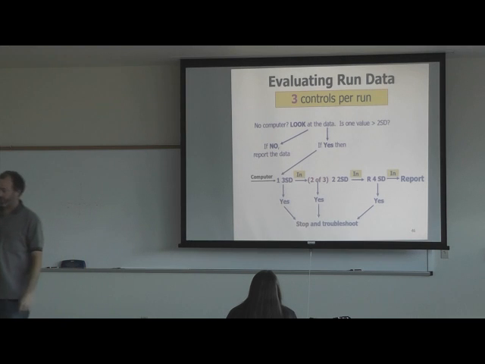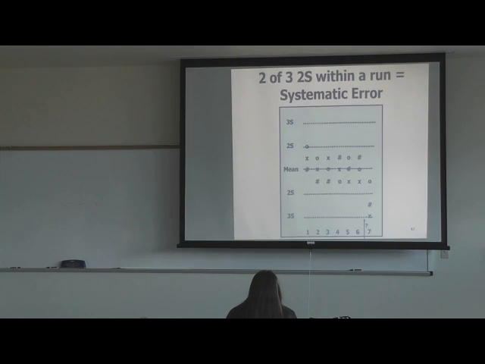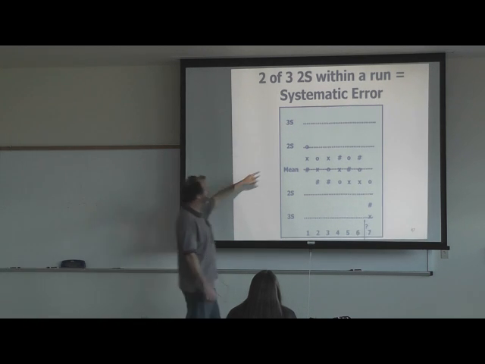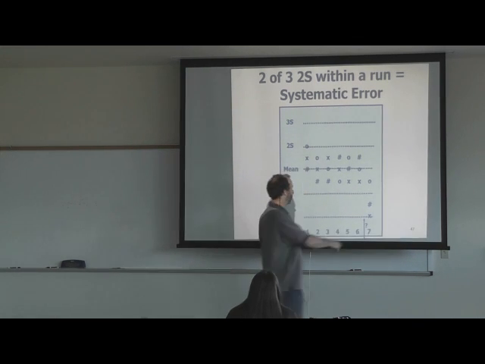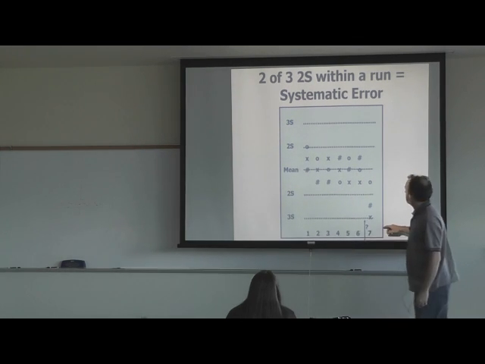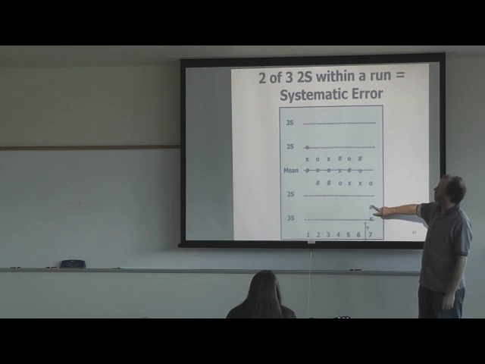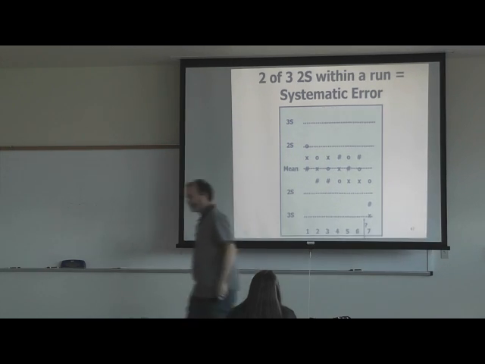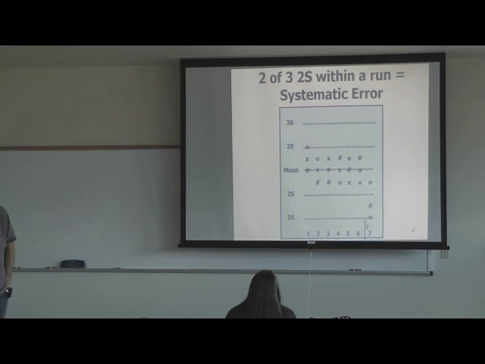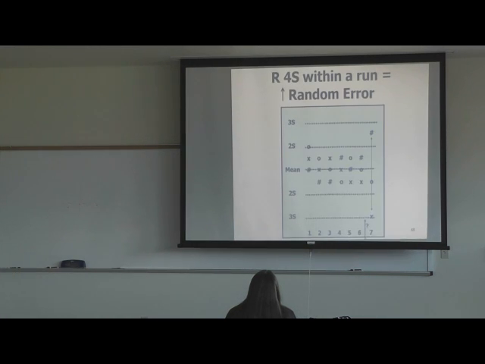So 3 controls looks like this, and this time we have O's, X's, and pound signs. All of these are in until we have what would be a 2-2S, using 3 controls. And an R4S again.